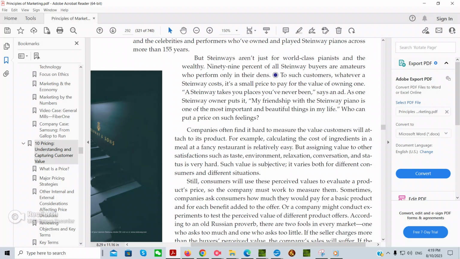Companies often find it hard to measure the value customers will attach to their product. For example, calculating the cost of ingredients in a meal at a fancy restaurant is relatively easy. But assigning value to other satisfactions such as taste, environment, relaxation, conversation, and status is very hard. Such value is subjective and varies among different consumers in different situations.